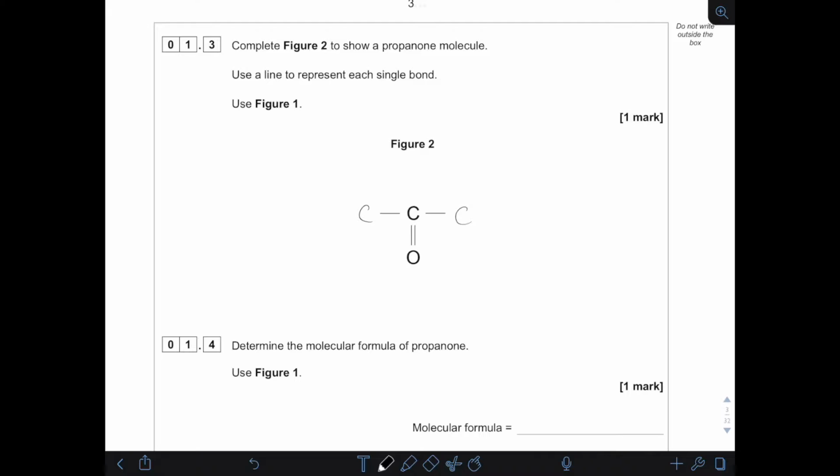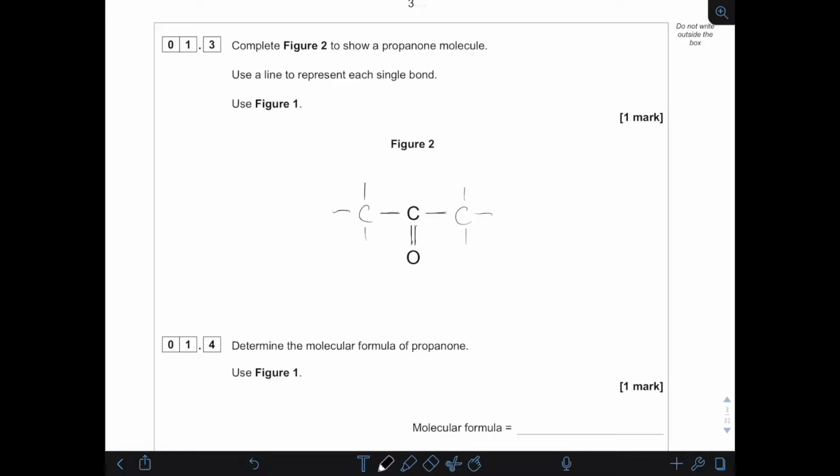So the middle carbon here, we have 1 single bond on the left, 1 single bond on the right, 2 bonds to the oxygen. That's a total of 4, and that's fine. Whereas on the edges that we've just added, we need to add hydrogen to make it tetravalent, which is 1, 2, 3 more bonds per carbon.